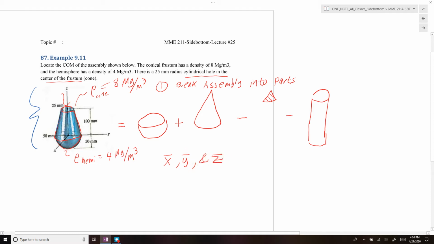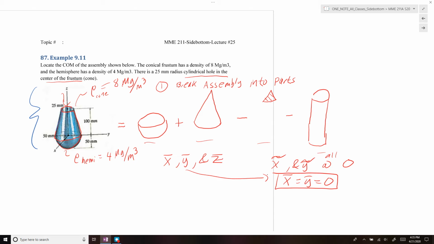Since all four of our shapes have their individual x tildes and y tildes at 0, we can say that x bar and y bar would be equal to 0, due to that symmetry about the z-axis. So the only thing we need to solve for is z bar.